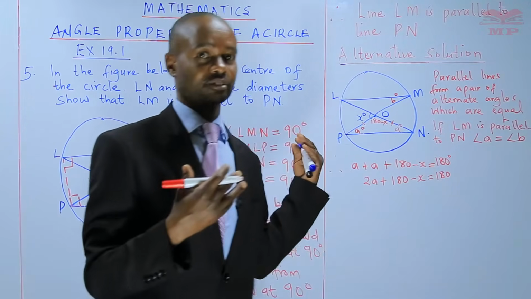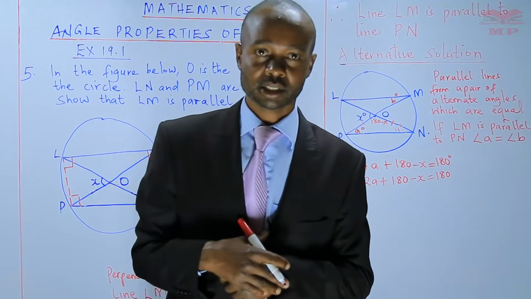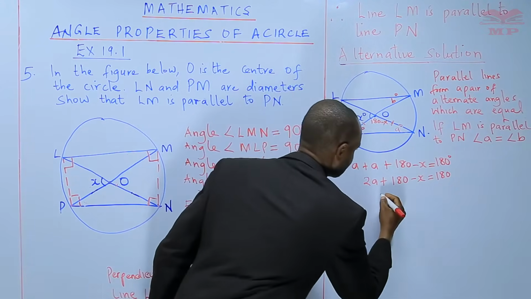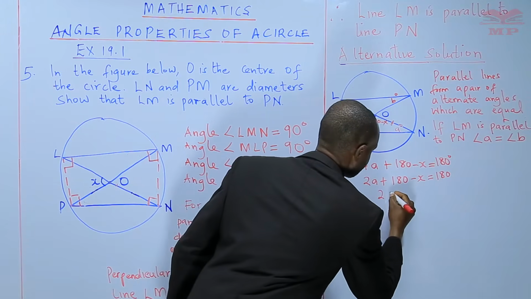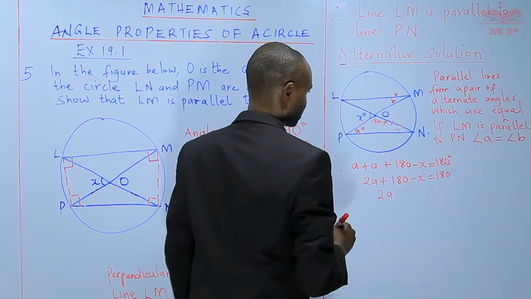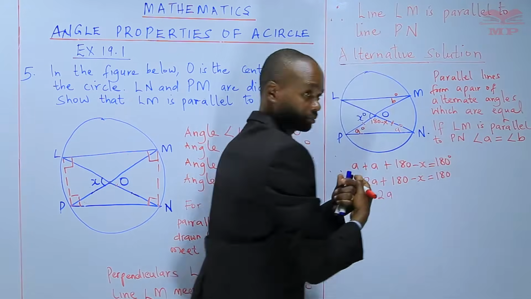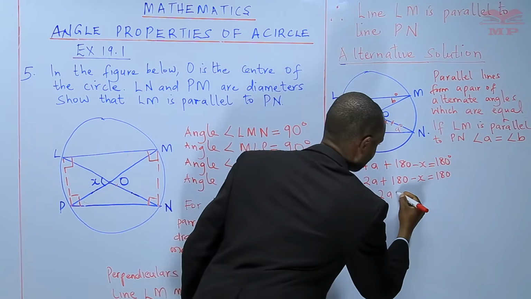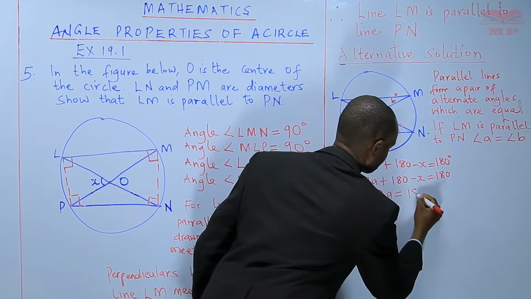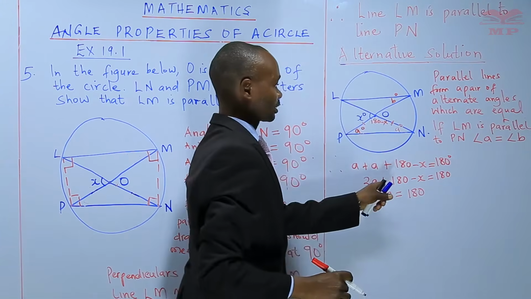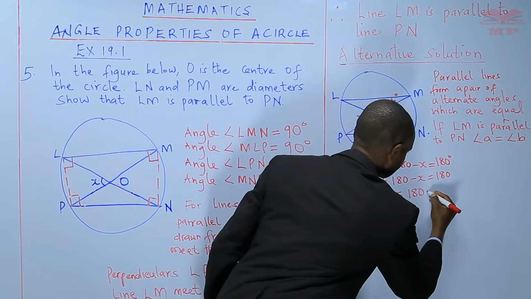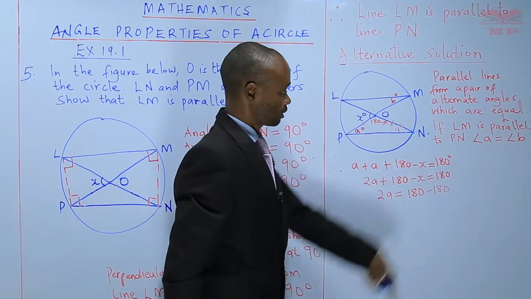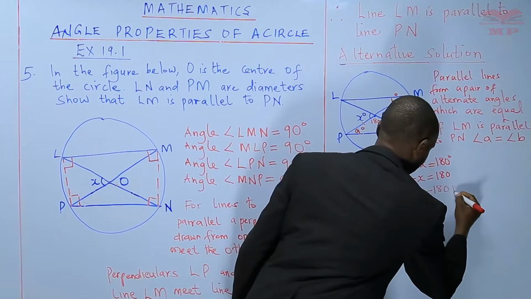I'll leave it on the left-hand side of the equation, and the other terms will go to the other side. So I'll have 2A. When this one goes to the other side, a negative becomes a positive. So we'll have 2A is equal to 180. Take it to the other side, it becomes minus 180. This is a negative. Take it to the other side of the equation, it becomes a positive x.